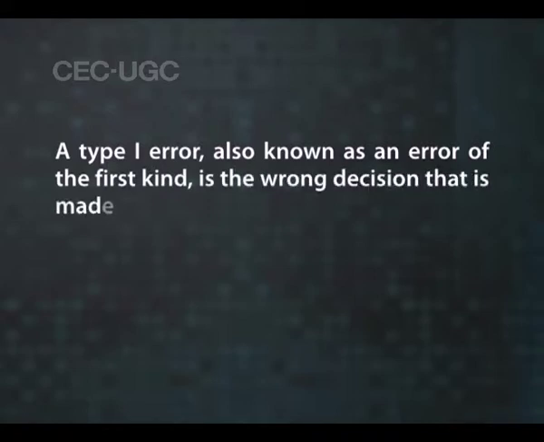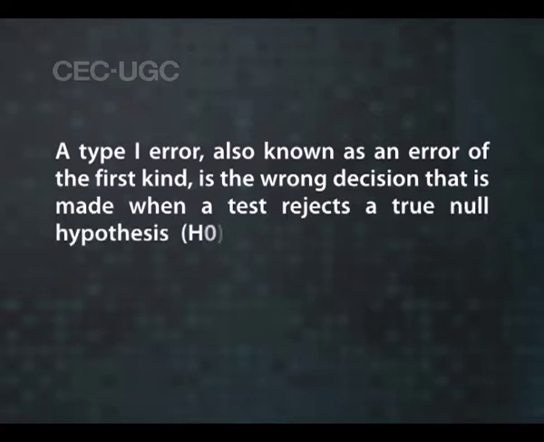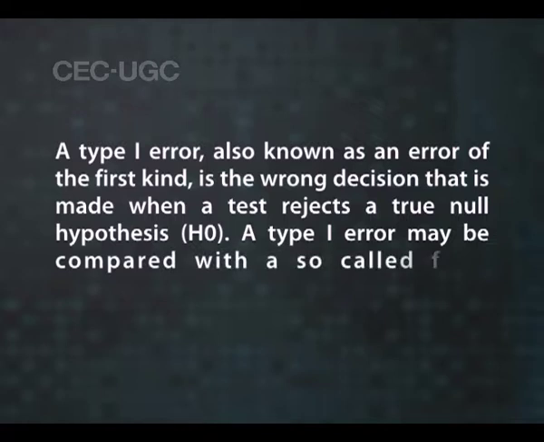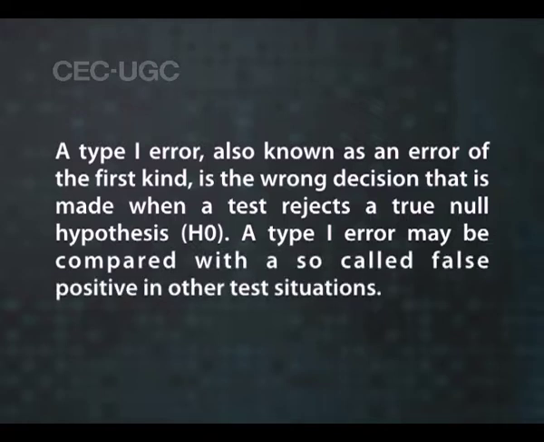Type 1 error. A type 1 error, also known as an error of the first kind, is the wrong decision that is made when a test rejects a true null hypothesis H0. A type 1 error may be compared with a so-called false positive in other test situations. The rate of the type 1 error is called the size of the test and denoted by the Greek letter alpha.